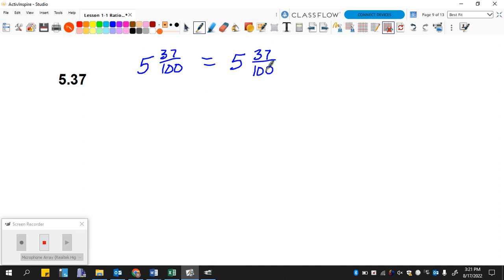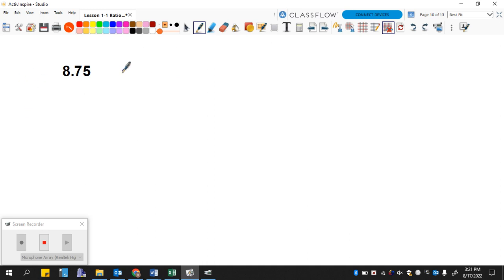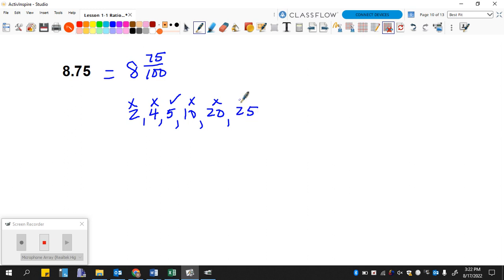How about 8 and 75 hundredths? So 2, no. 4, no. 5, yeah, 5 goes in. 10, nope, 10 doesn't go into 75. 20 doesn't go into 75. 25, yes, 25 does.